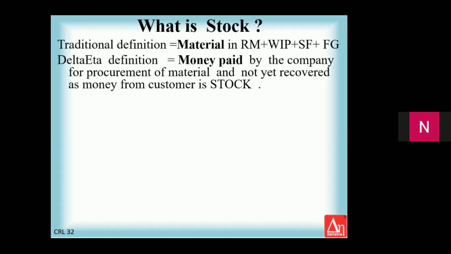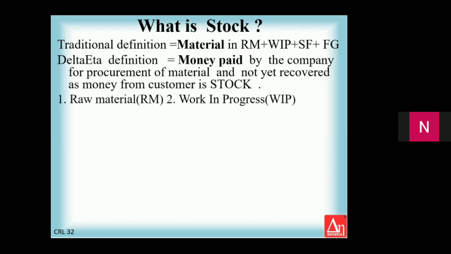Again, you get material, it is lying in the yard for QC clearance, it is stock. You supplied material to the customer, but the customer has not paid you. It is still coming under the definition of stock. So I would say money paid by the company for procurement of material and that is not yet recovered as money from the customer is stock.